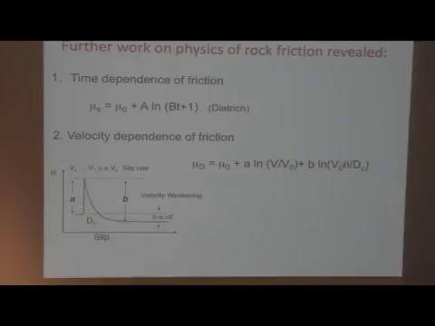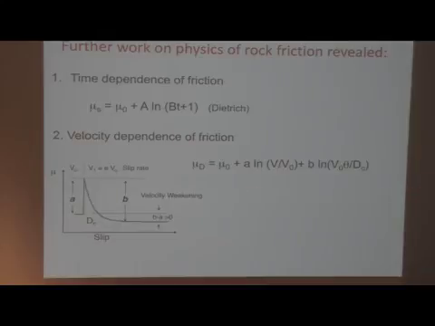Starting with some initial velocity, you have a particular friction, and then in this case, velocity is increased. What was found was an instantaneous, very quick strengthening or increase in friction that was followed by a slow decline over some critical distance Dc.